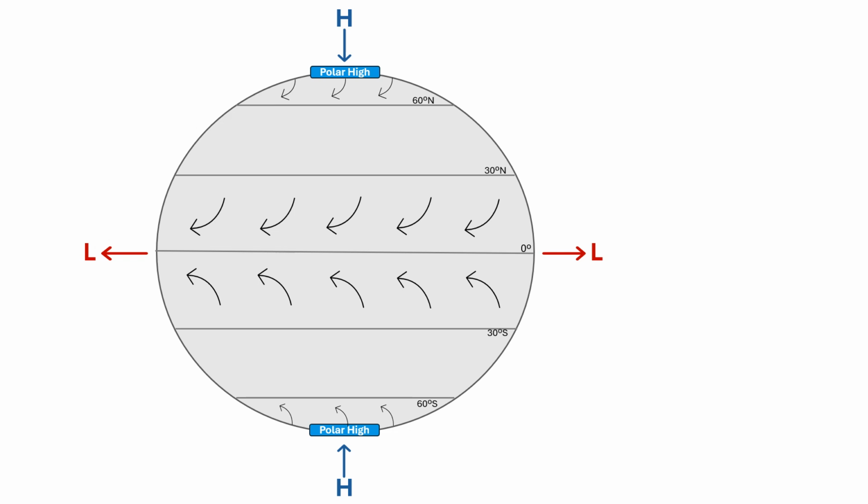So we get this huge low pressure system, the equatorial low, at about 0 degrees latitude. You will also hear the equatorial low called the Intertropical Convergence Zone, or the ITCZ for short. We've already talked about this in one of the previous lectures: the weather at the ITCZ is very warm, humid, and rainy.